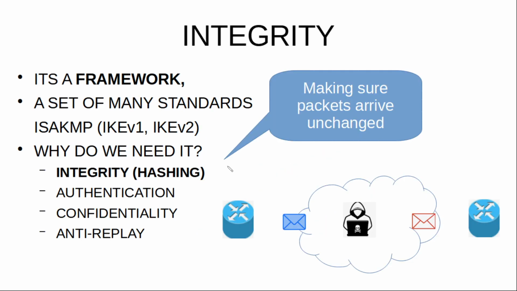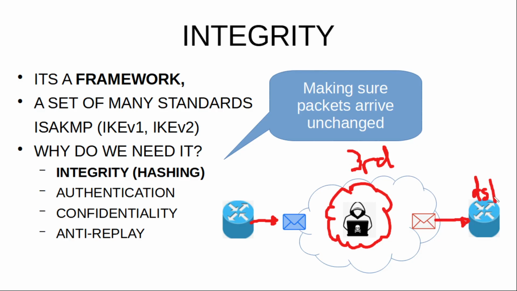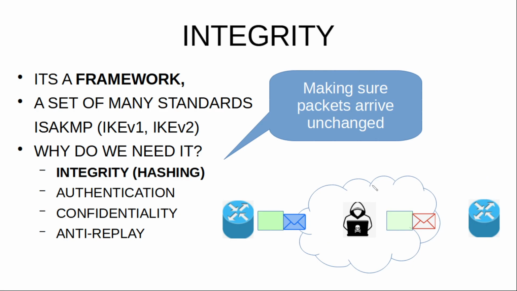What we are going to accomplish with integrity is making sure that packets arrive unchanged. So when we send a packet over a transport network, there is the possibility that a third party changes the packet. So when the packet arrives into the destination, we need a way to tell whether this packet was changed or not. So we are going to use a hashing algorithm for this.